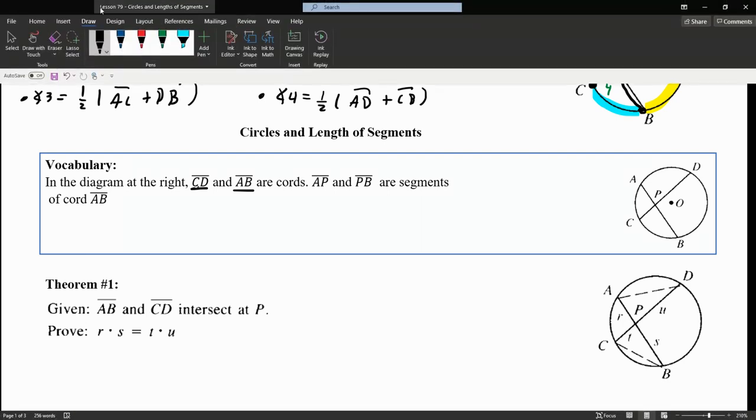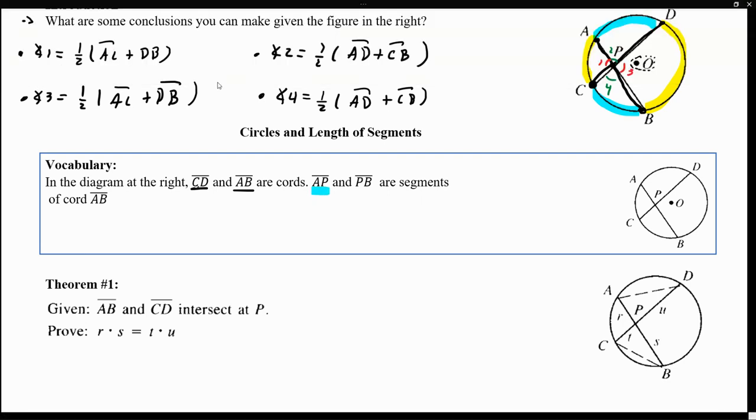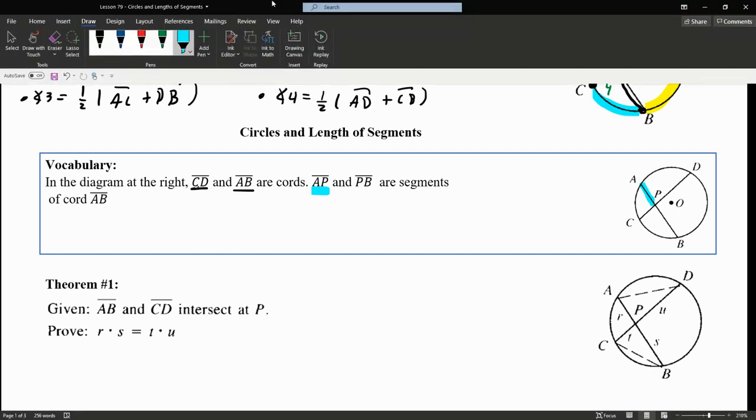Now, AP is just a small portion of the actual chord AB, so we can call it a segment of the chord AB.